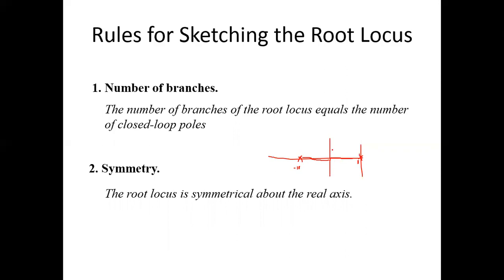So that means the underdamped system mostly has complex conjugate poles, so it is symmetrical about the real axis.